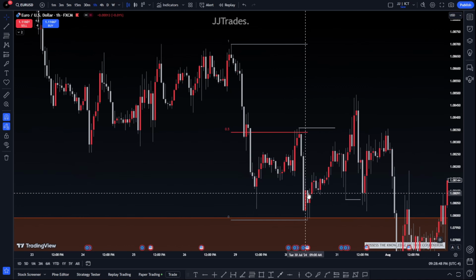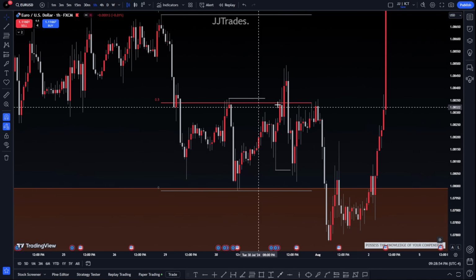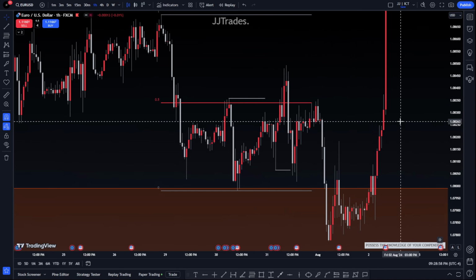Price comes into the equilibrium, and what does it do there? It comes into the equilibrium and dumps lower. Isn't that truly amazing?